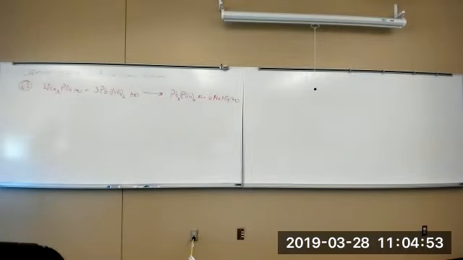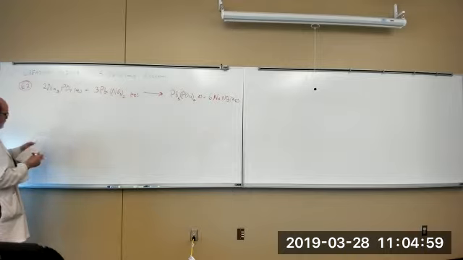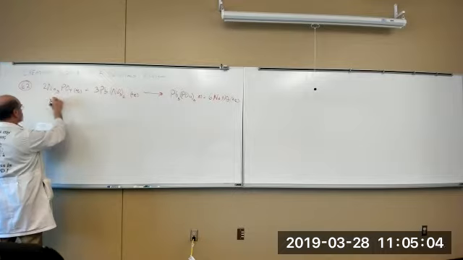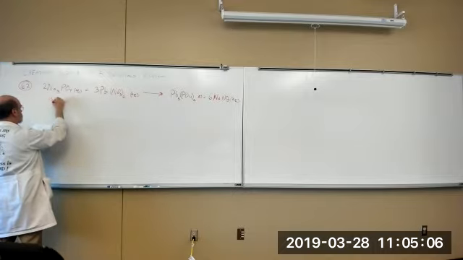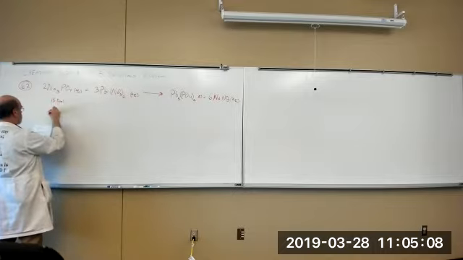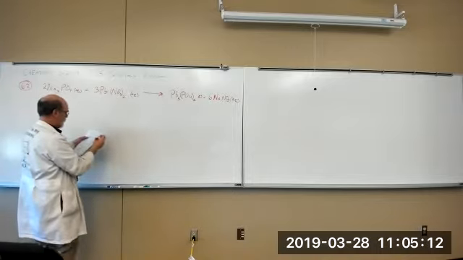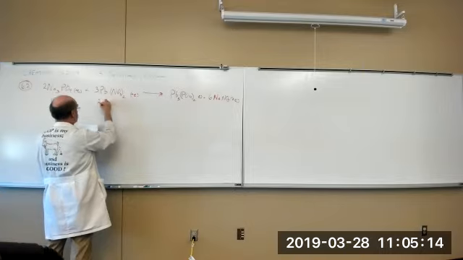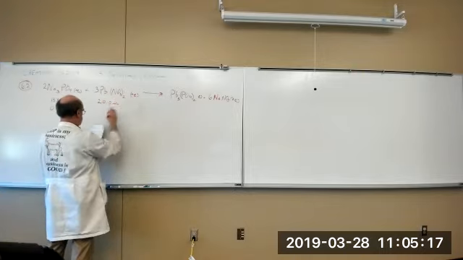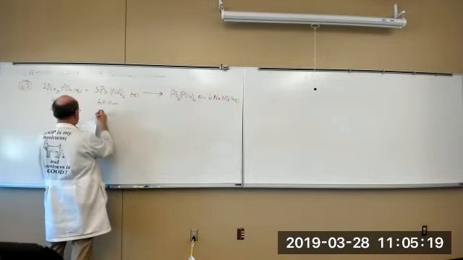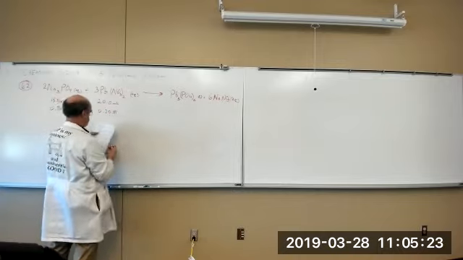What are the quantities given? 62? No, 60. Yeah, 62. Here we go. 15 milliliters, 0.3 molar sodium phosphate. And 20 milliliters of 0.2 molar lead nitrate.